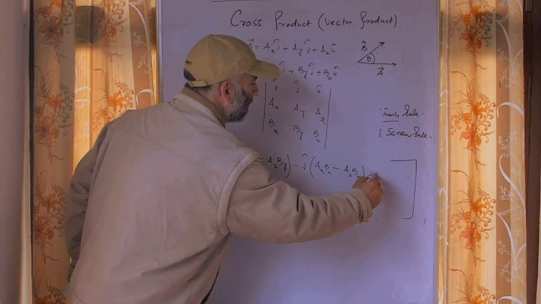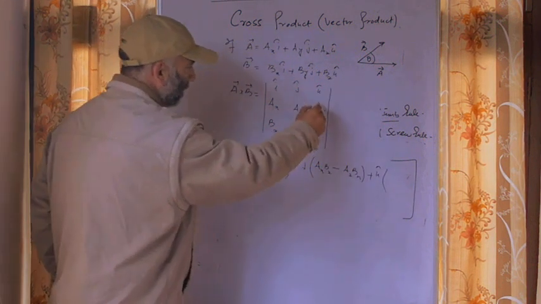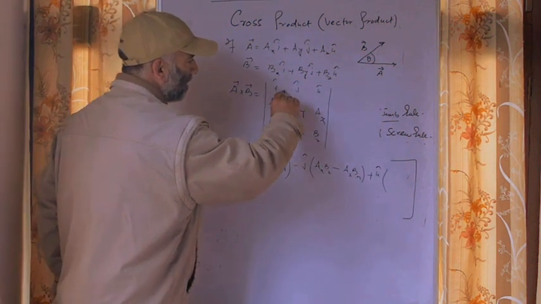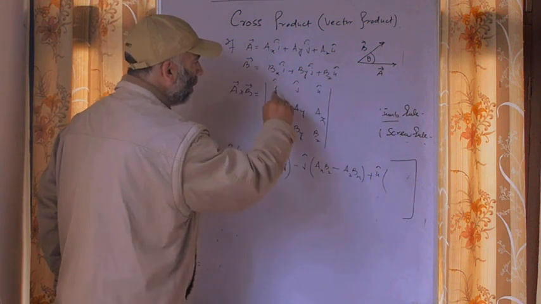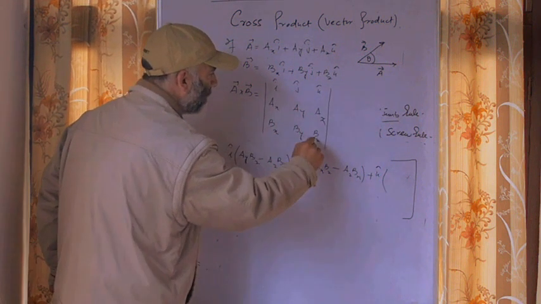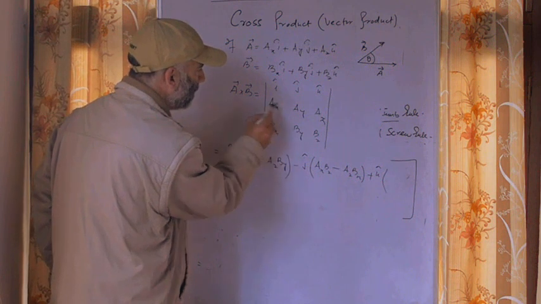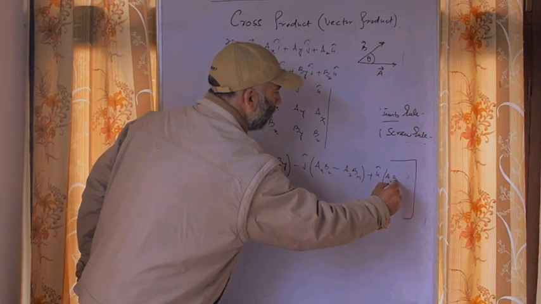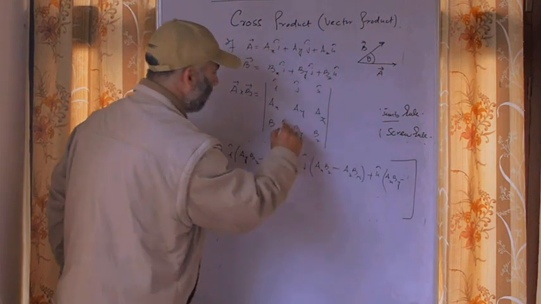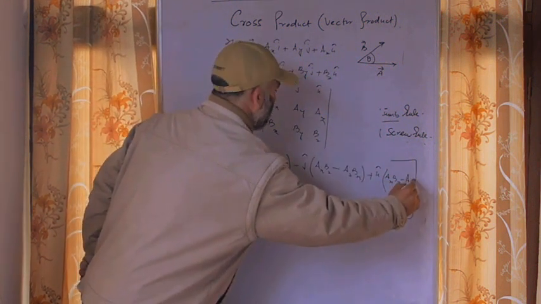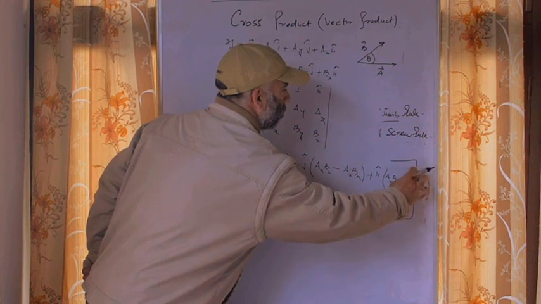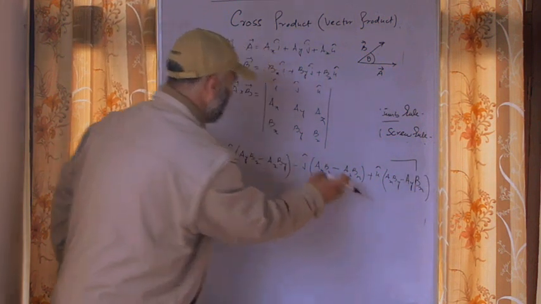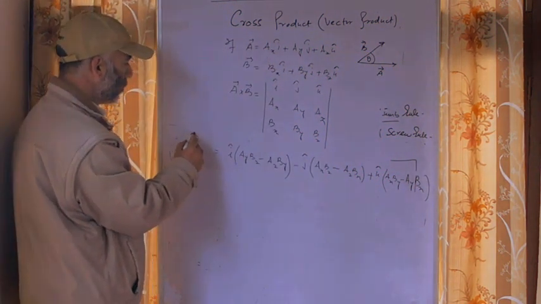Plus k into... k exists in row number 1, column number 3. So neglect this part. The remaining elements are AX, BY; cross multiply them: AX BY minus AY BX. So students, this is the required answer for the cross product of the two vectors.